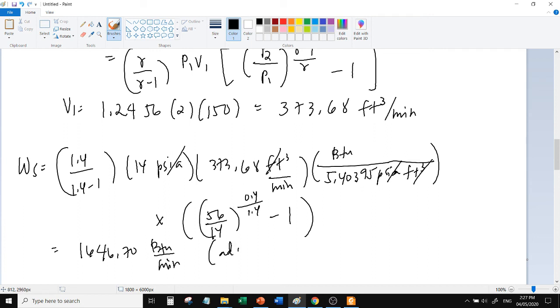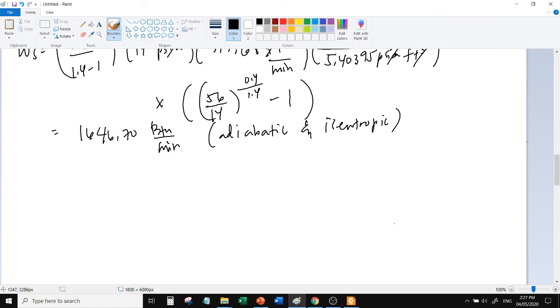But this is not yet the actual work kasi this is the work if adiabatic and isentropic, if reversible. So, you use the efficiency for compressor, work isentropic over work actual.